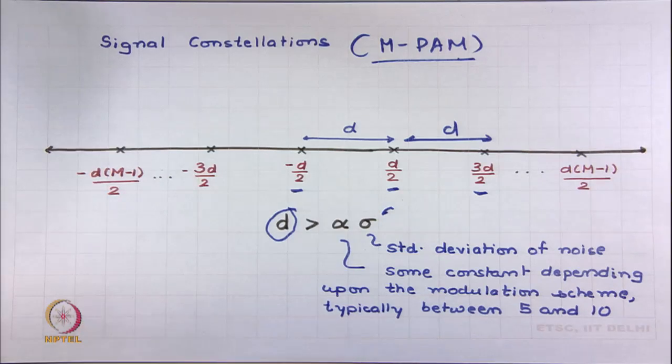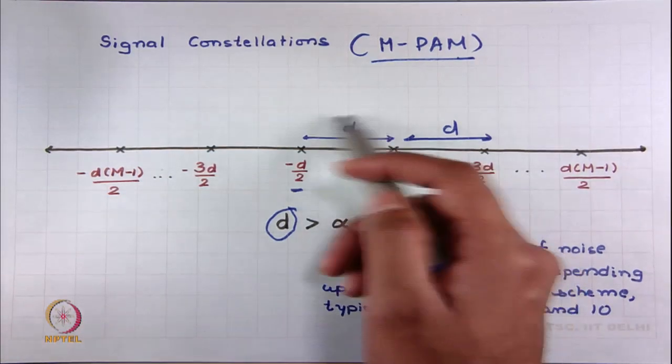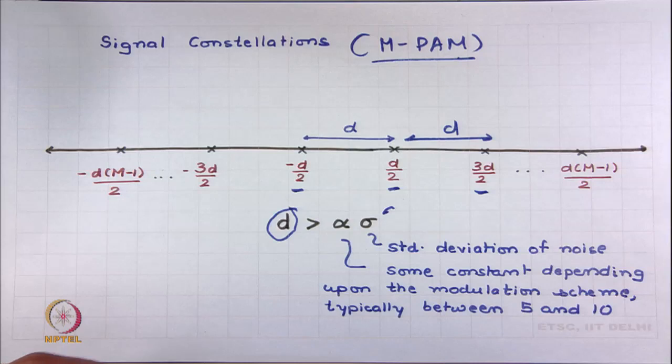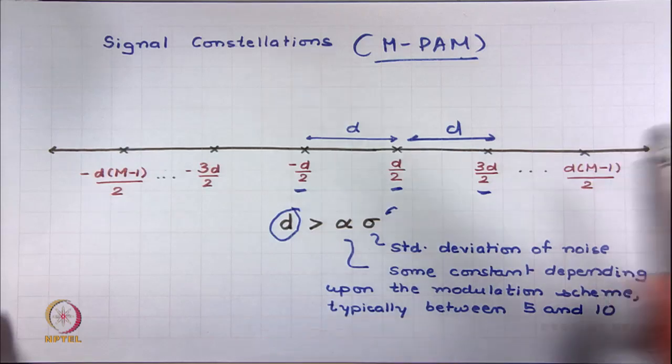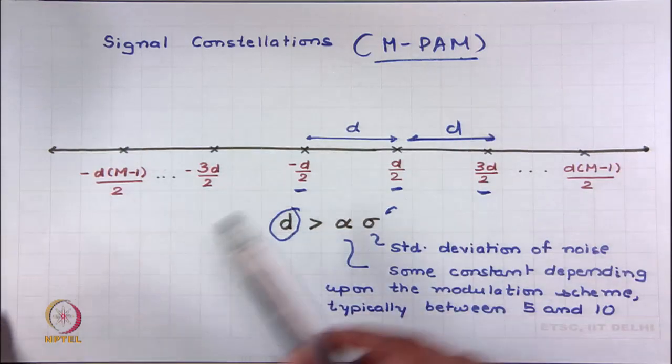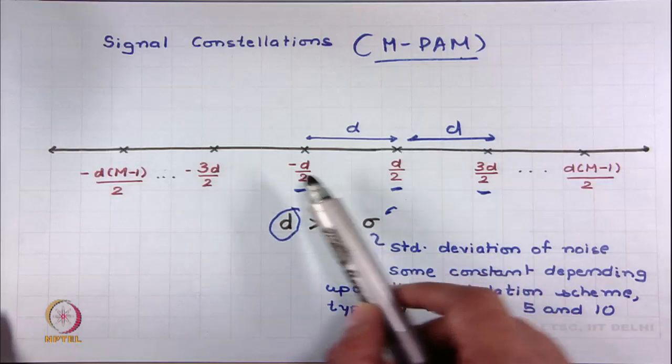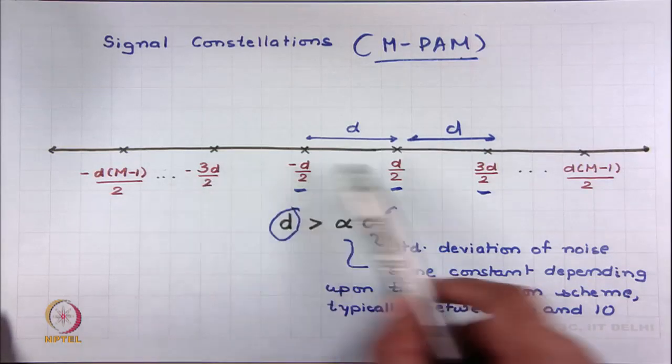And what is the idea behind choosing a certain constant d? For example, if you want to look at the error performance of this modulation scheme, what would happen is the possibility of error is coming only from the neighbors.